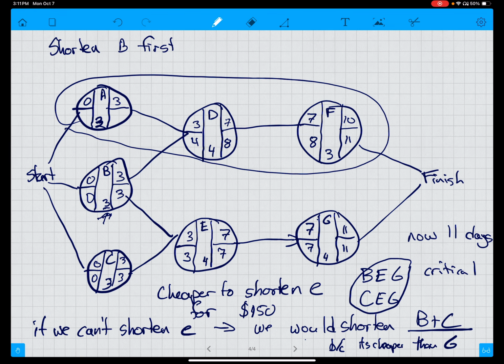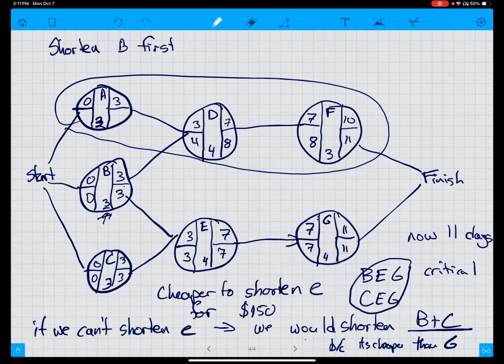And E was also cheaper than G. But the last question was, if we can't do E, then we could do G, which is 250, or B for 100 and C for 100. So B and C together are cheaper than G. So in that case, we would shorten B and C rather than G. So that's the basics of drawing a network diagram and crashing by 2 days.